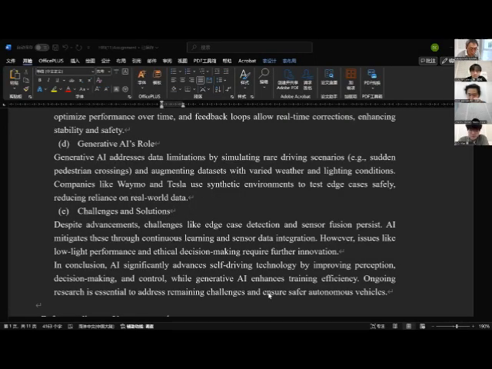In conclusion, AI significantly advances self-driving technology by improving perception, decision-making, and control, while generative AI enhances training efficiency. Ongoing research is essential to address remaining challenges and ensure safer autonomous vehicles.